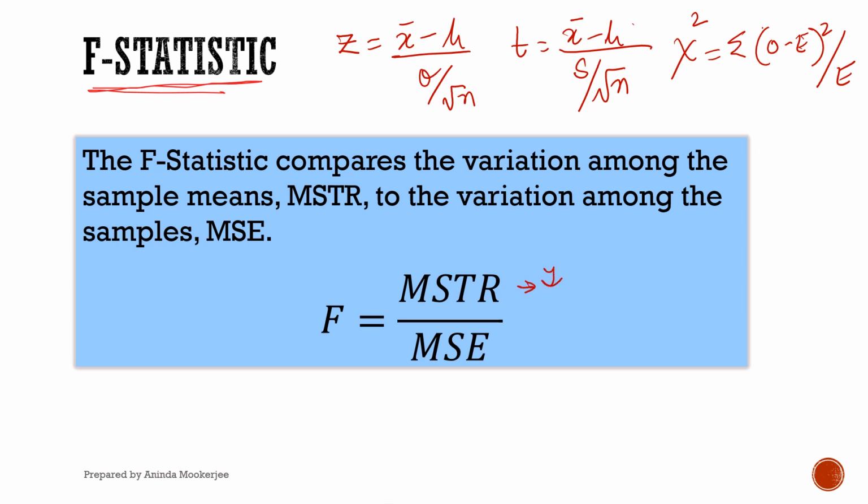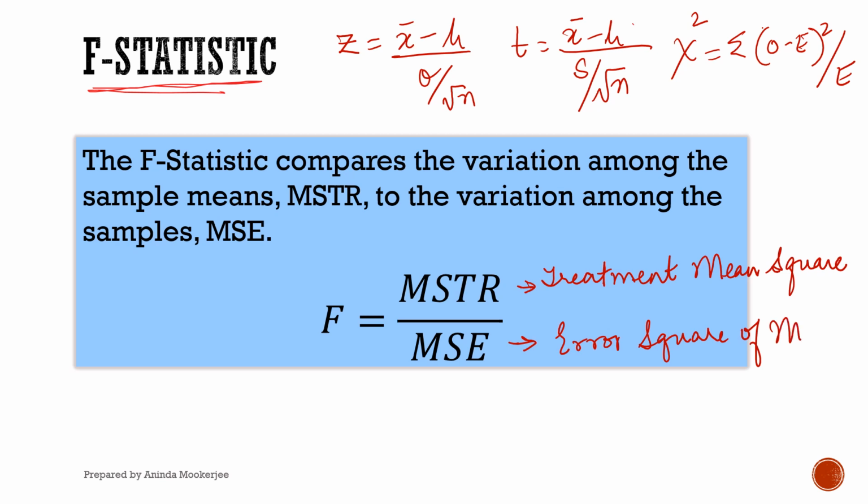TR stands for treatment, and then mean square or square of means. You can say it either way. It's either treatment mean square or treatment square of means, and MSE stands for error square of means.